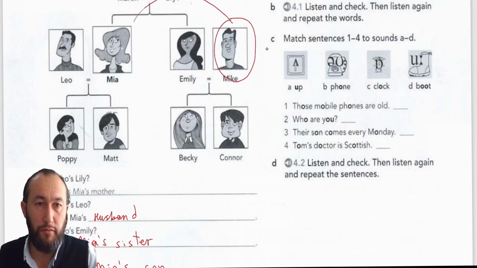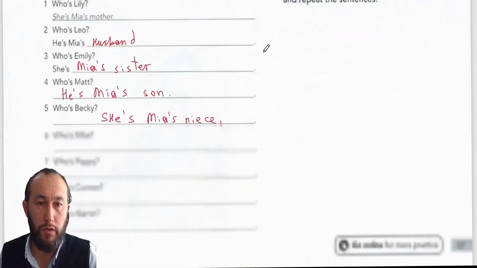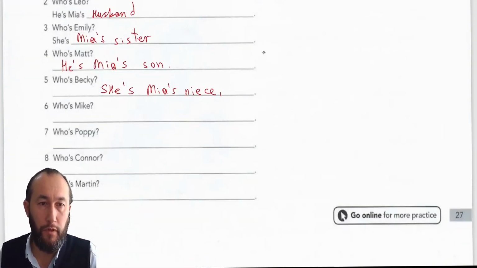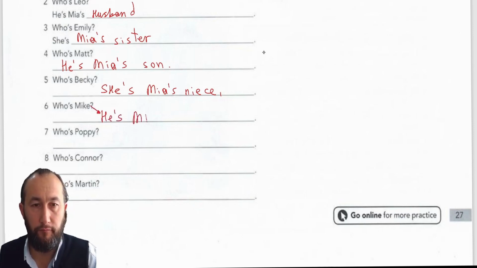So the relationship between Mia and Mike is that Mike is Mia's brother-in-law. So we're going to write here, Mike, he is Mia's brother-in-law.